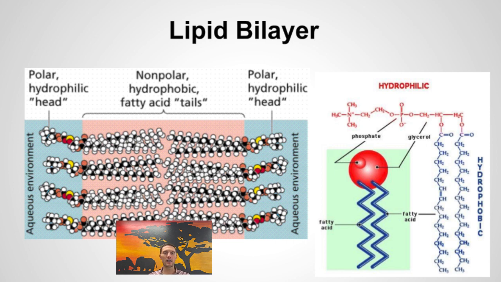Again, the function is to control essentially what comes in and out of the cell. It helps to create that internal environment separate from the external. It's also permeable, meaning that it can allow some molecules to pass across the membrane, and as we'll see, some molecules need some assistance to be able to do so.